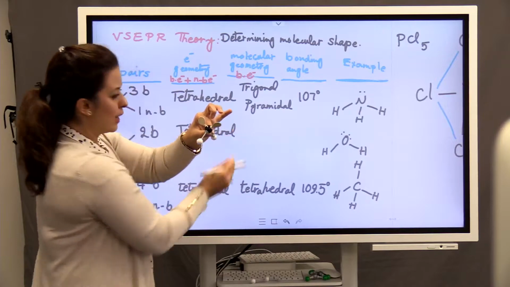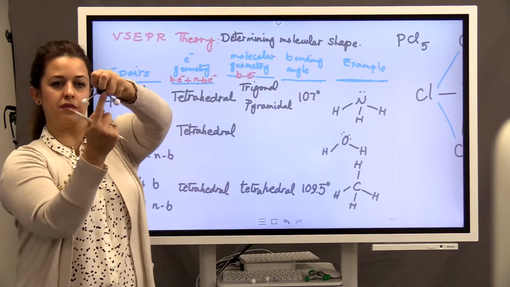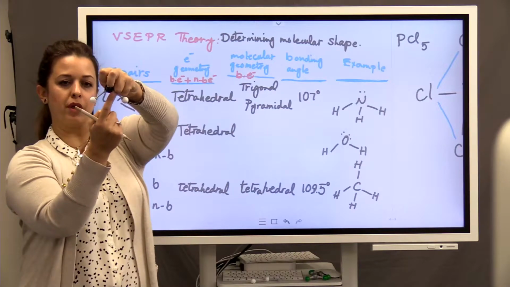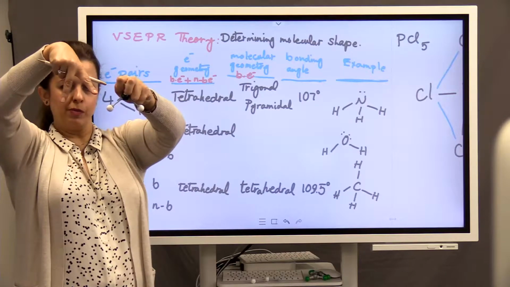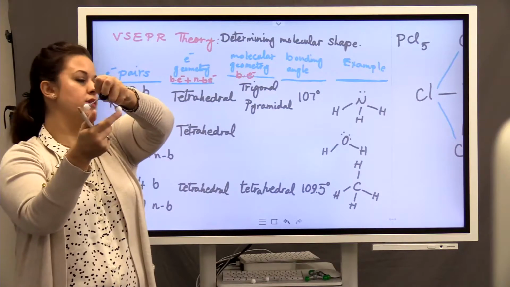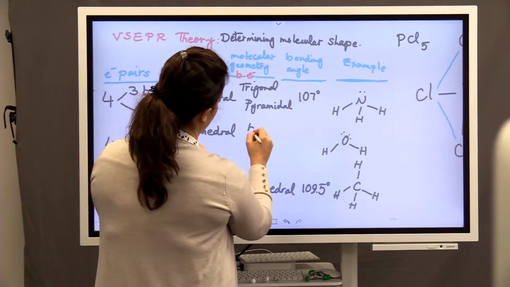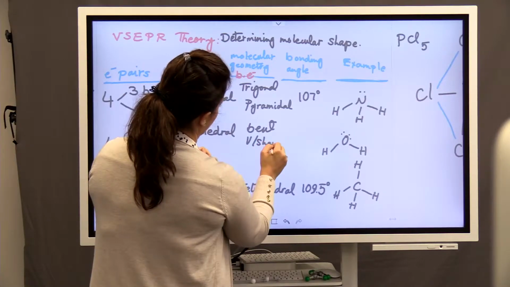But as soon as I cover these non-bonding pairs, what do you see for the molecular geometry, the bonds? Don't you see a bent molecule or a V-shaped, right? It's not like an upside down V. And we call it bent or V-shaped.